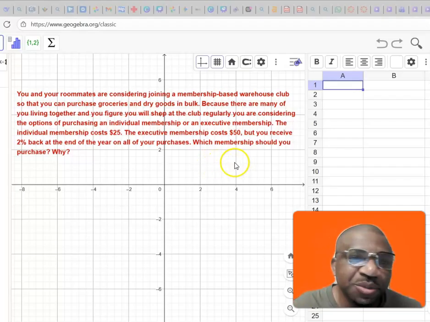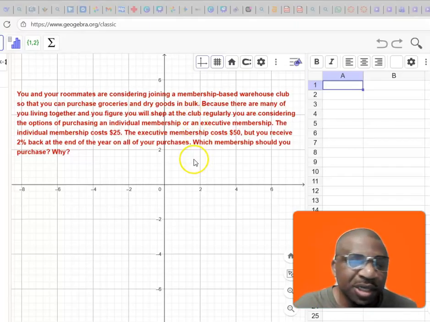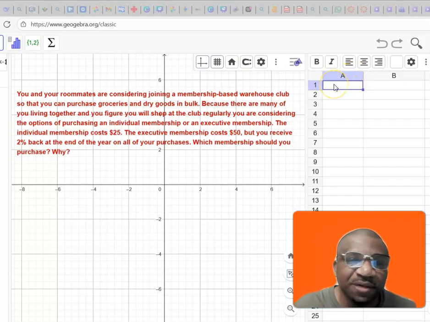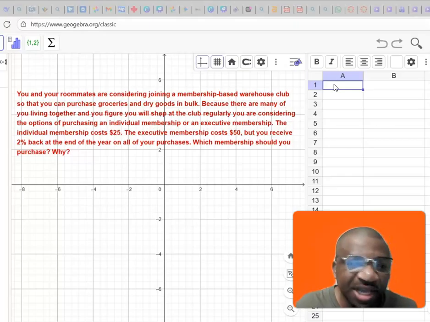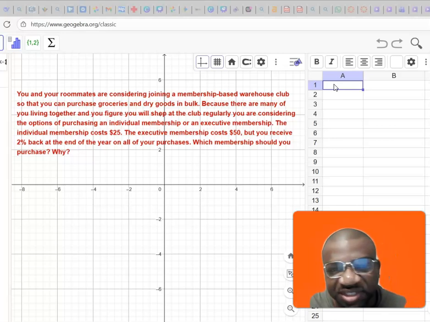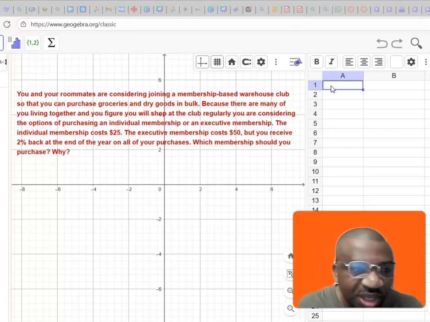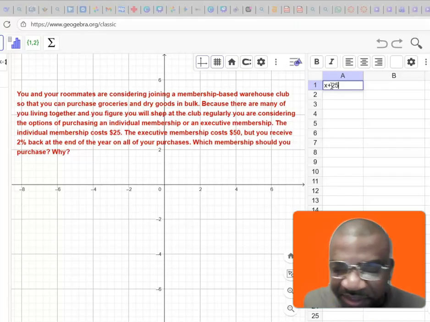So here, in solving this problem, the first thing to do is to write out the equation. Now, let's use S to represent the total cost of the purchases at the end of the year. Let's use X. So if we use X to represent the total purchases at the end of the year, it means that if we're going for the individual membership, that will be X plus 25.